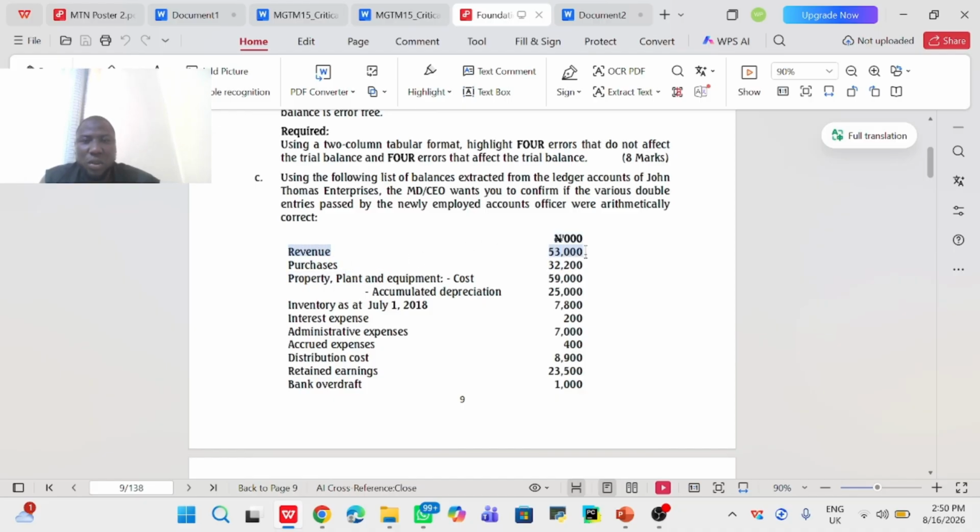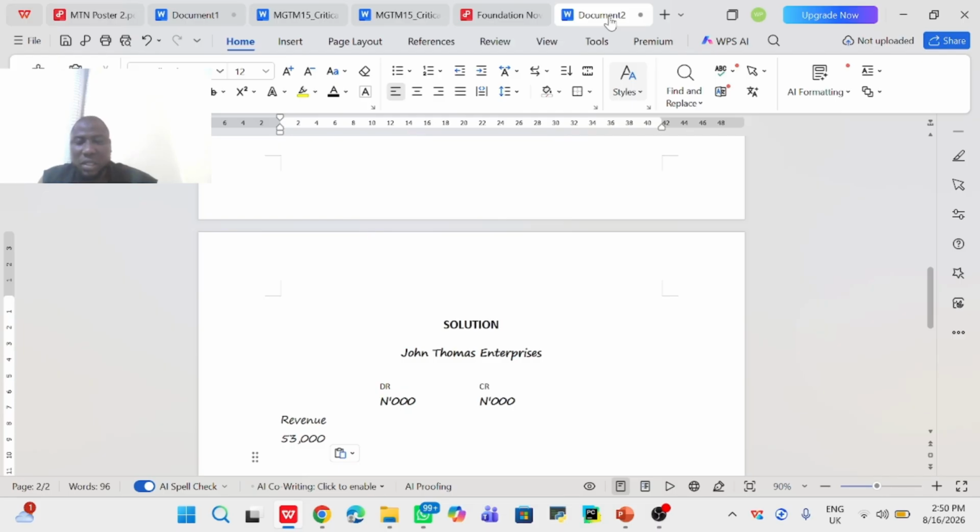So that is why we are going to have our revenue on the credit side. Increase in income should be on the credit side.